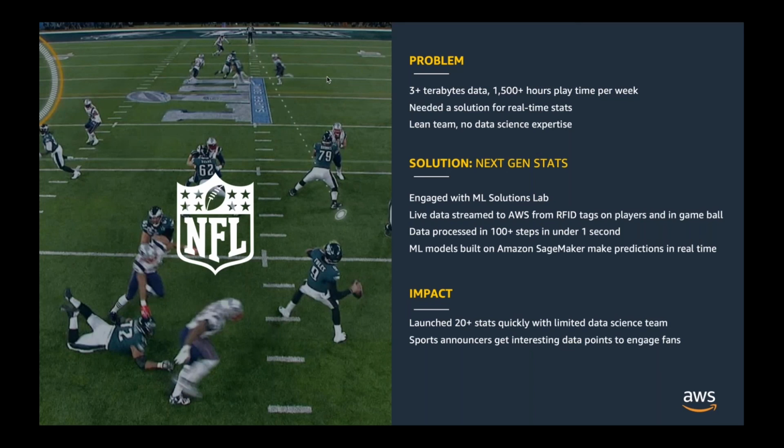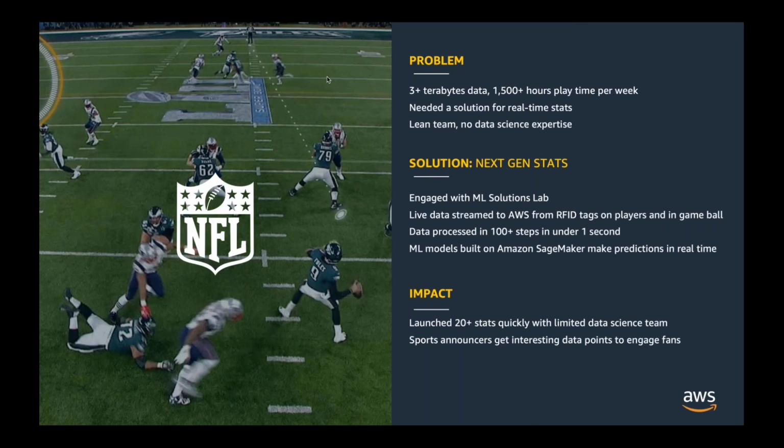So they approached our ML Solutions Lab and worked with us, and they live streamed a lot of this data to AWS by putting RFID tags on the players and the ball in the game. And then from there, we started processing that data, and we built models on SageMaker to make predictions in real time. So this provides over 20 stats to the NFL, and announcers get to use that as well.